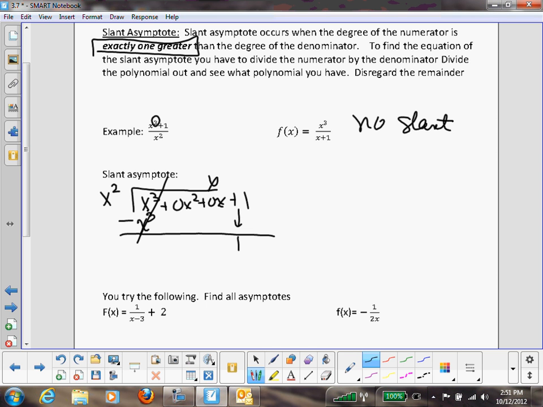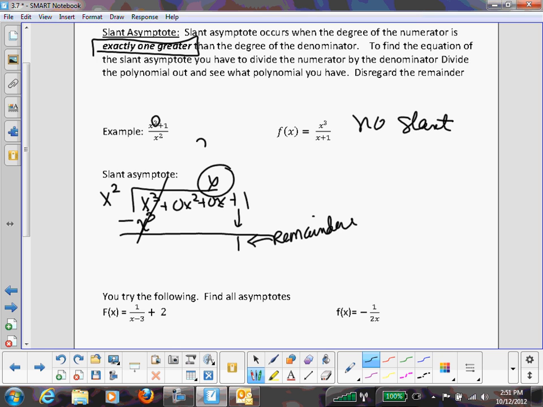Because there's nothing that you're going to multiply x squared by to get 1, correct? So this is your remainder. And when you're doing slant asymptotes, you ignore the remainder. And so the equation that you use for graphing purposes is y equals x.